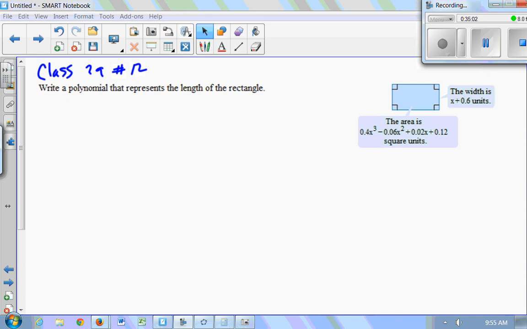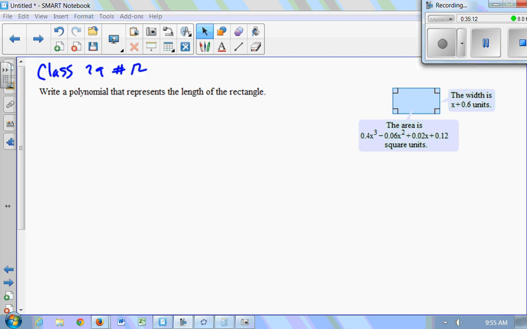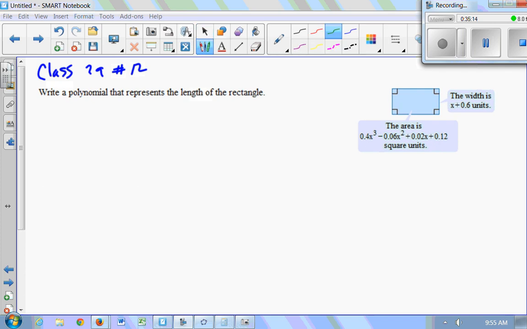Okay, so the width is x plus 0.6, and the area is this cubic thing. So we know that area is equal to length times width, right? And we know the width. So we have some length times x plus 0.6.